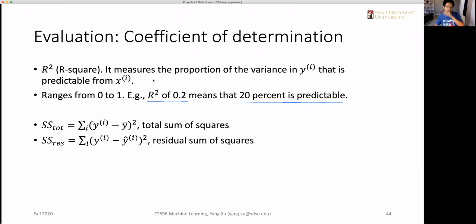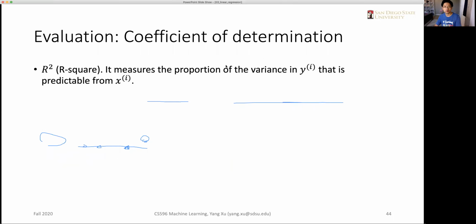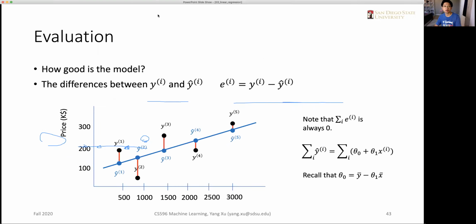R-square can be measured by a ratio involving the residual sum of squares, which is what's left unexplained by the predicted value. That is the difference between the actual number and the predicted value raised to the power of 2, and then summed up. In this way, we avoid the problem we mentioned in the previous slides, that the summation of e_i is always 0.